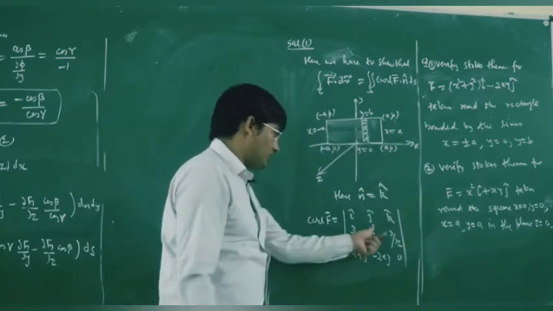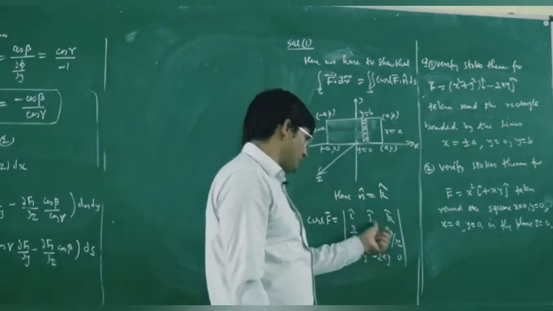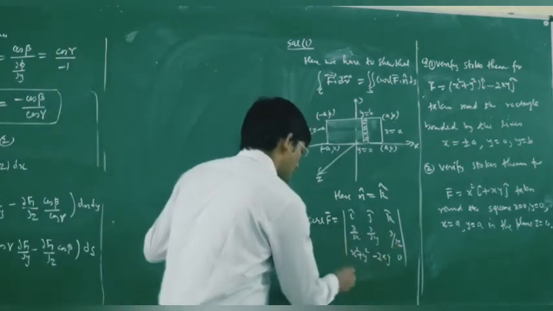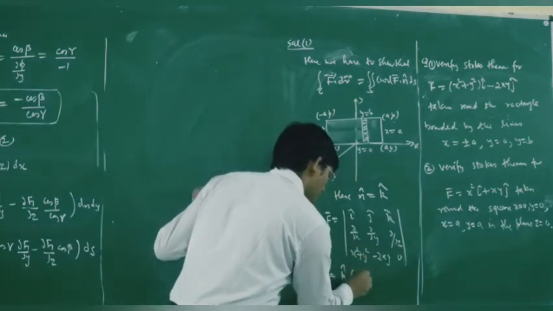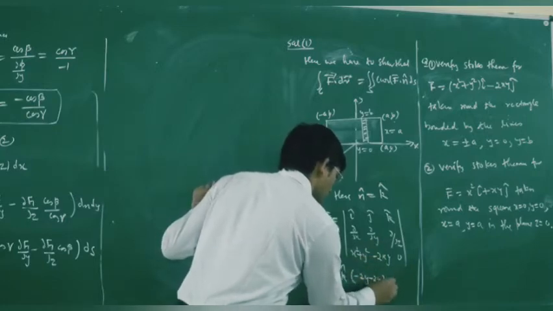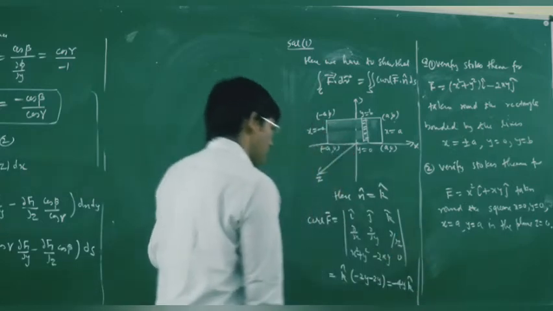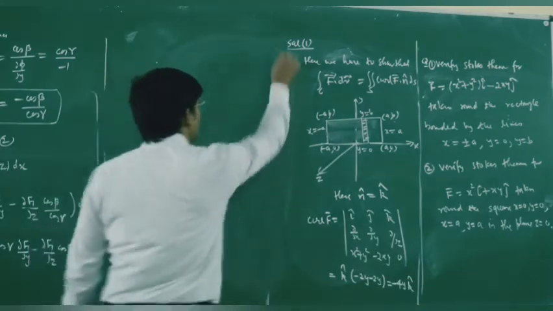Now the component of i will be 0, the component of j will be 0, and the component of k will be minus 2y and again minus 2y. So this will be minus 4y into k cap. So your curl f is this one.